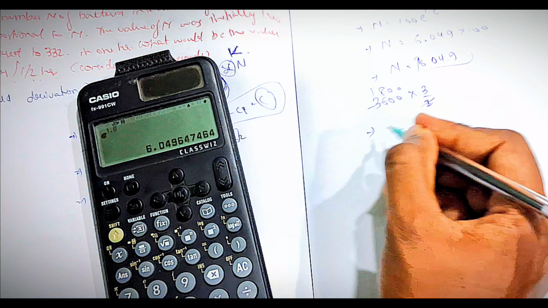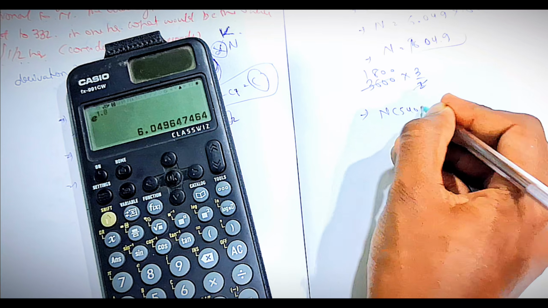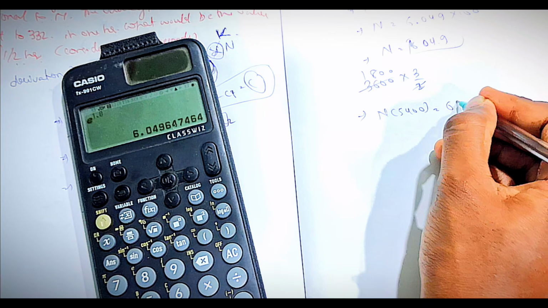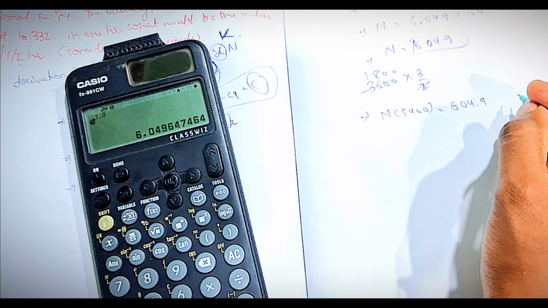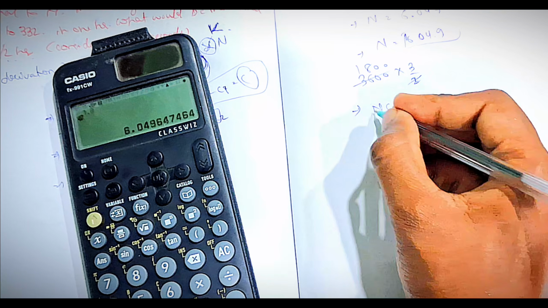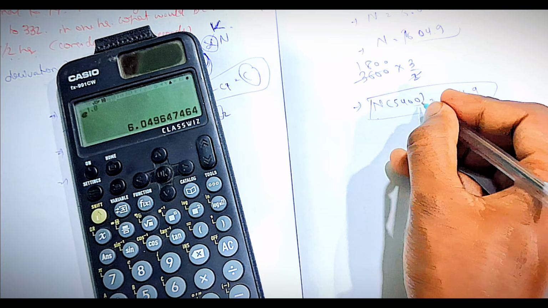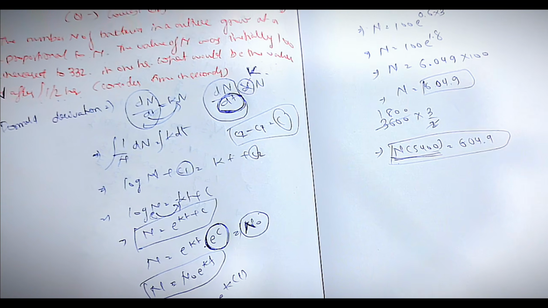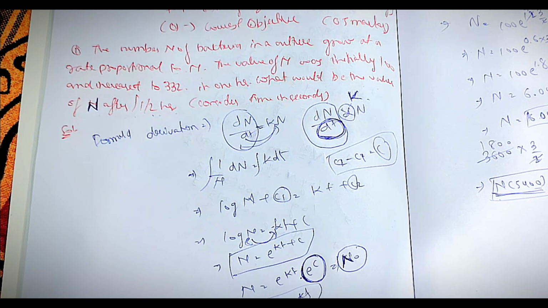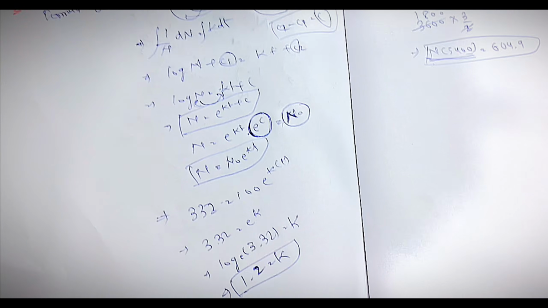So n of 5400 seconds equal to 604.9. This is the final value. Consider time in seconds; I have considered time in seconds. This is the total value after calculating.